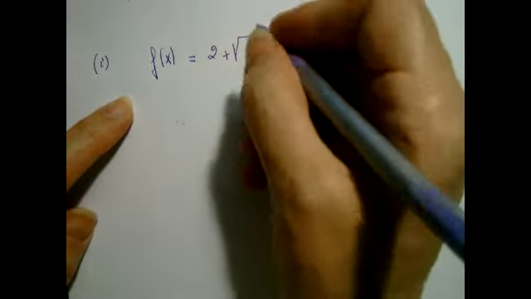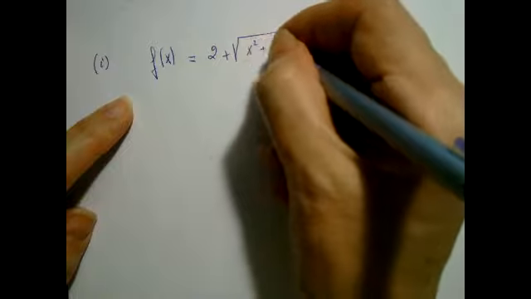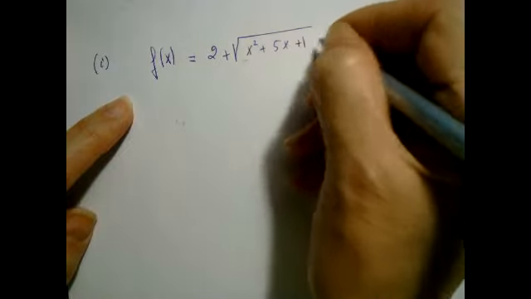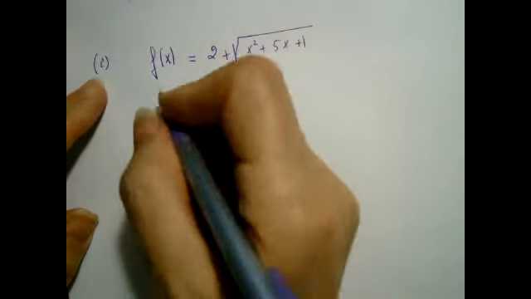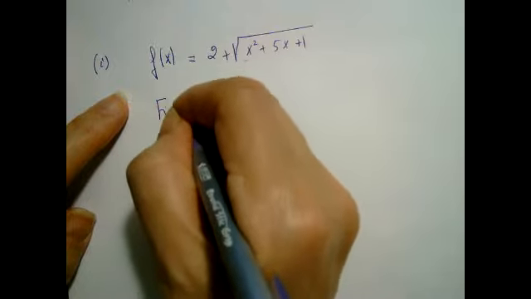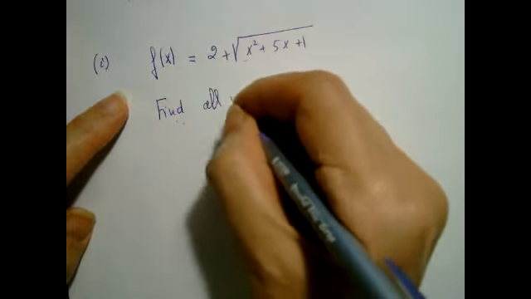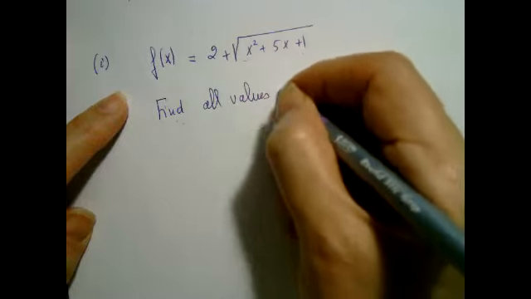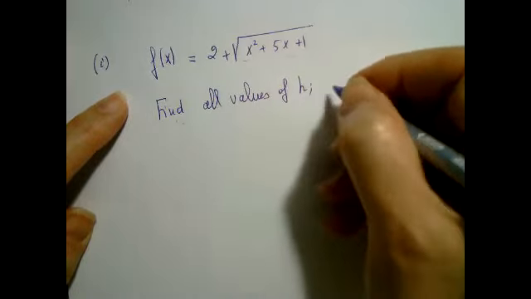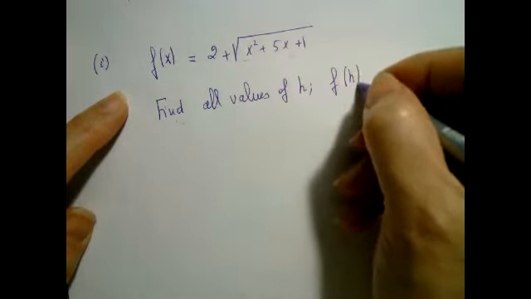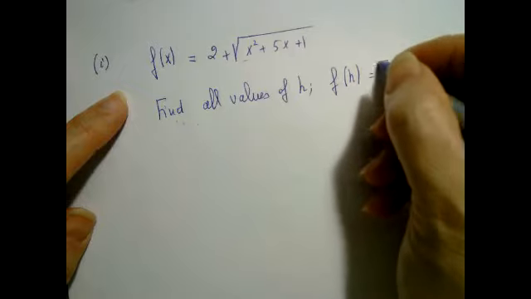So x squared plus 5x plus 1. And the question is, find all values of h such that this is equal to 7.